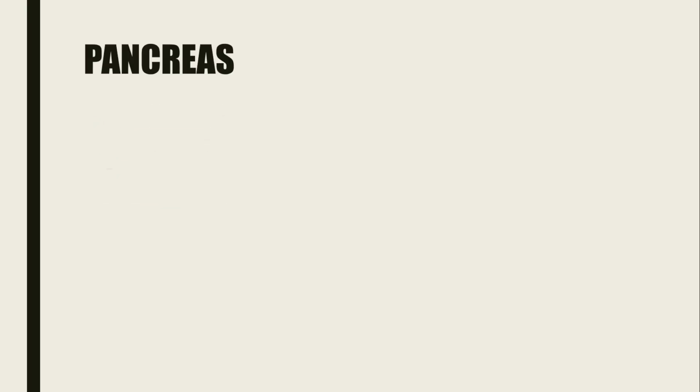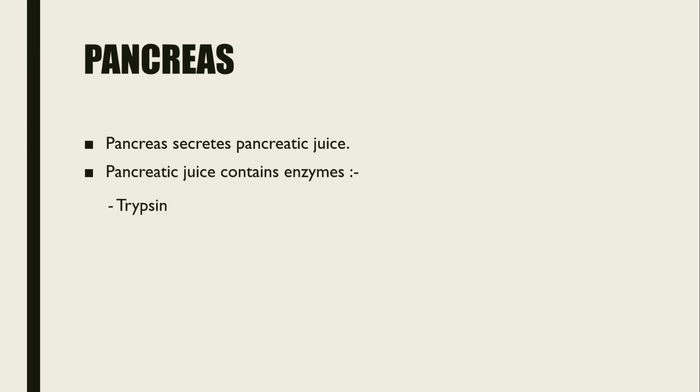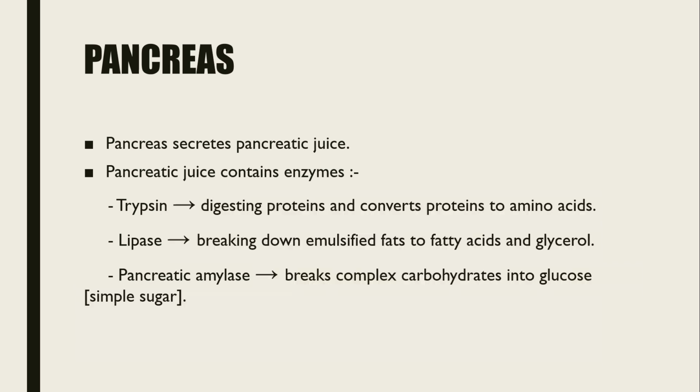Now let's see the secretions of the pancreas. The pancreas secretes pancreatic juice, and pancreatic juice contains the following enzymes: trypsin, lipase and pancreatic amylase. Now let's see their functions one by one.